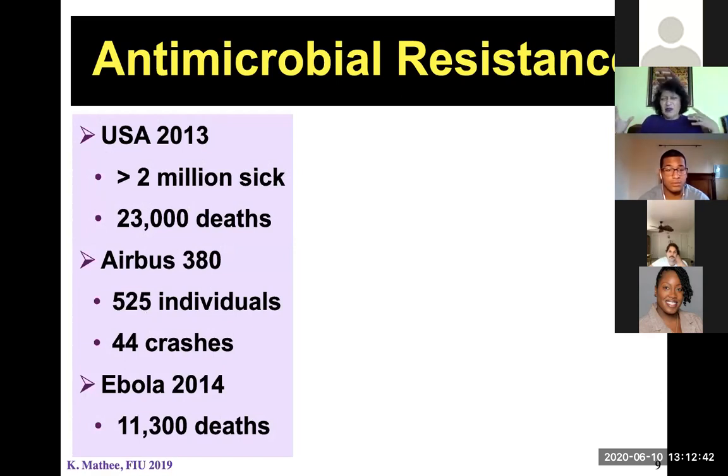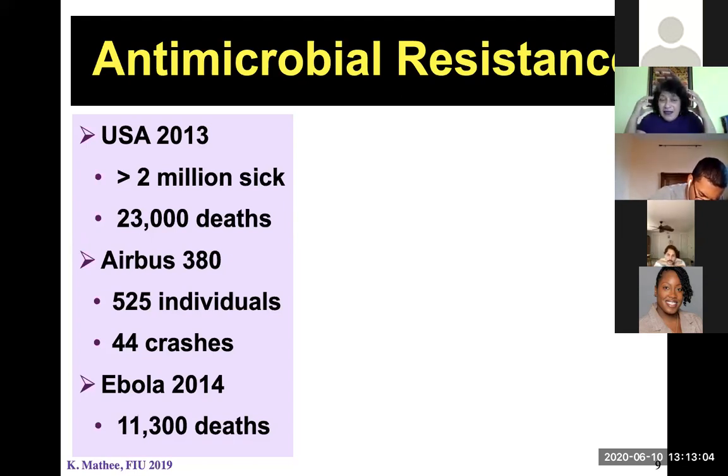And 23,000, you can't quite fathom how many people that is. Let's say 25,000 for 2018, 2020. That is half of FIU. Imagine in 1 year, half of FIU students are dead because of infection from an antimicrobial-resistant organism.